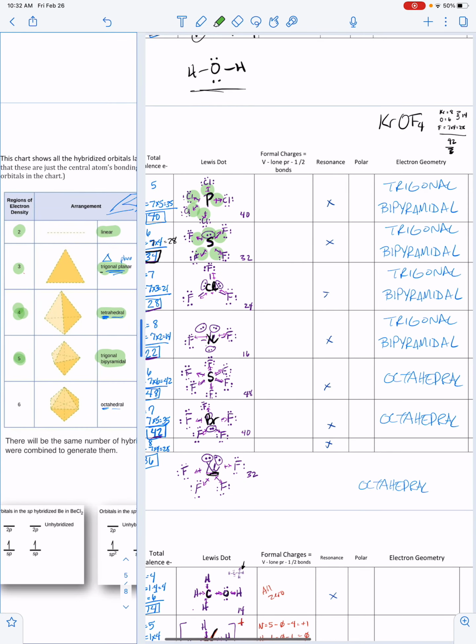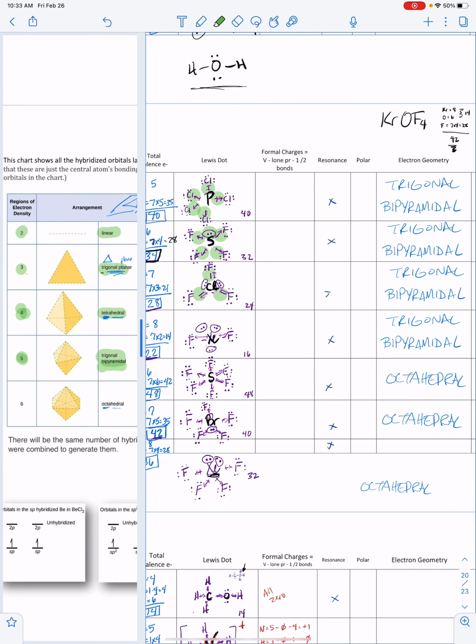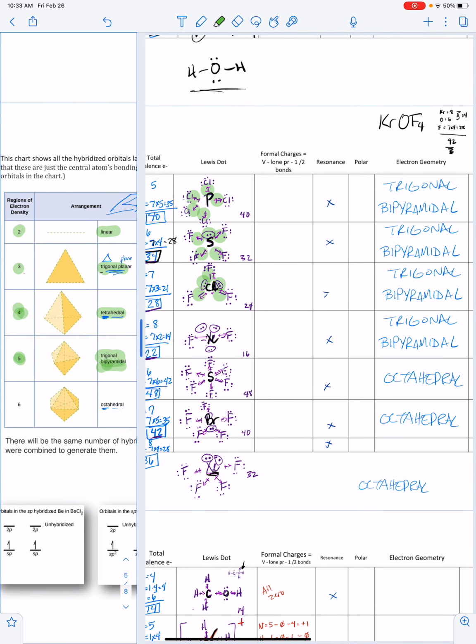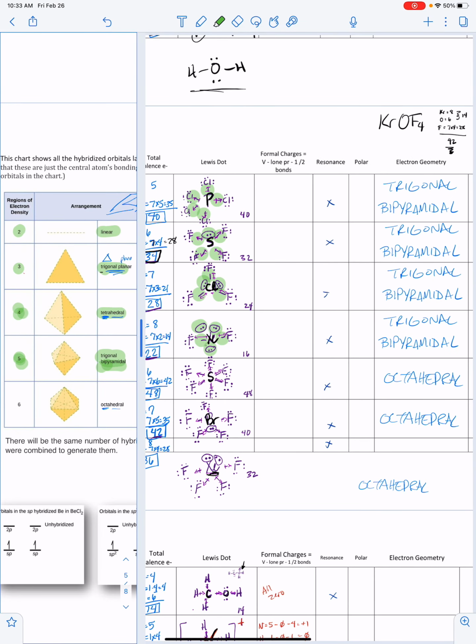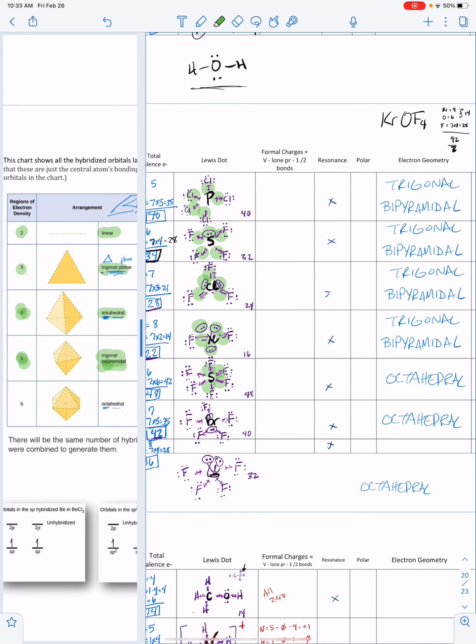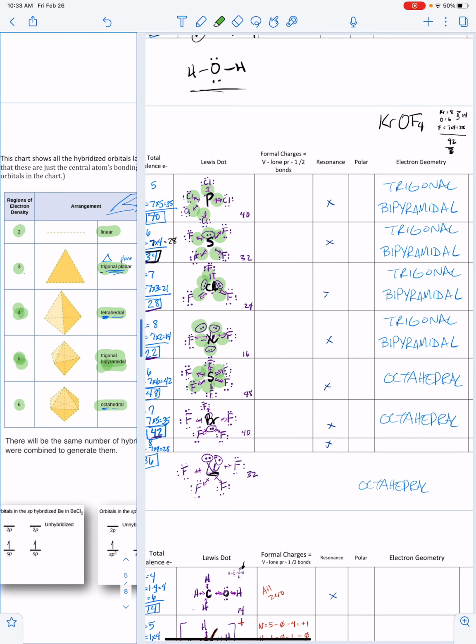Again, 5. Trigonal bipyramidal. Again 5, trigonal bipyramidal. Again 5, trigonal bipyramidal. 1, 2, 3, 4, 5, 6. Octahedral.